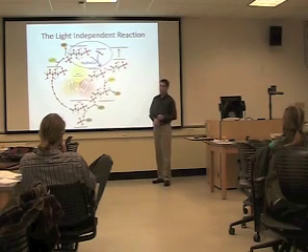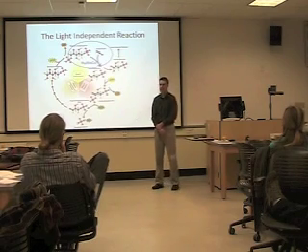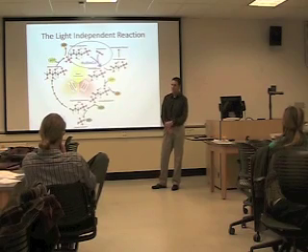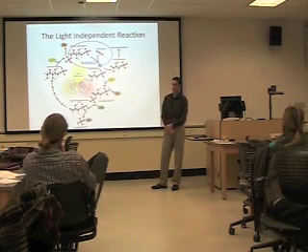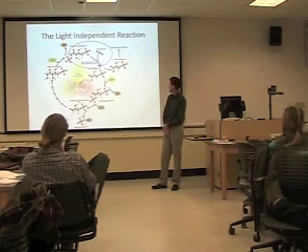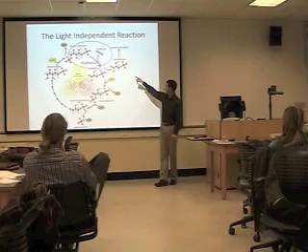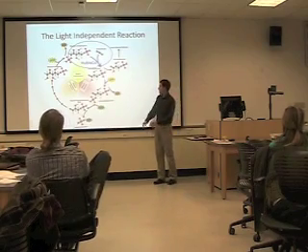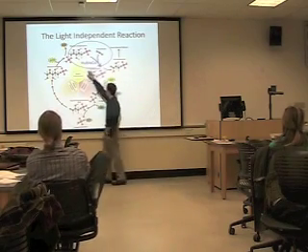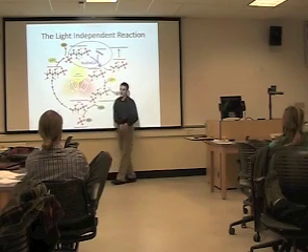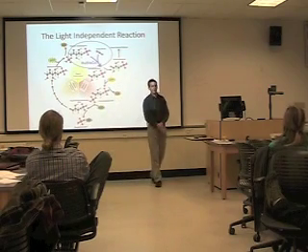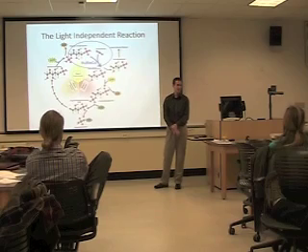Adding carbon dioxide to this 5-carbon molecule is something pretty special that only producers, things that photosynthesize, are able to do. And that's called carbon fixation. This right here, this Rubisco, is an enzyme. Does anyone remember what an enzyme is?